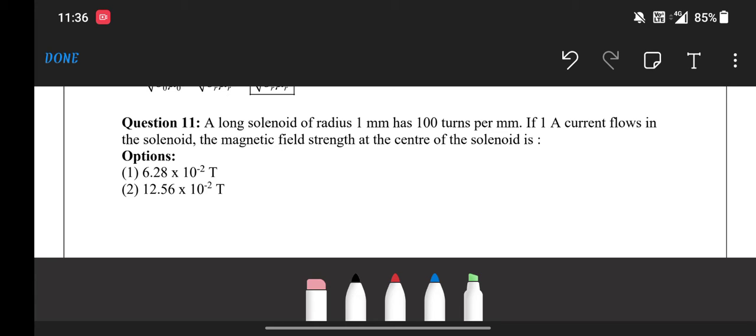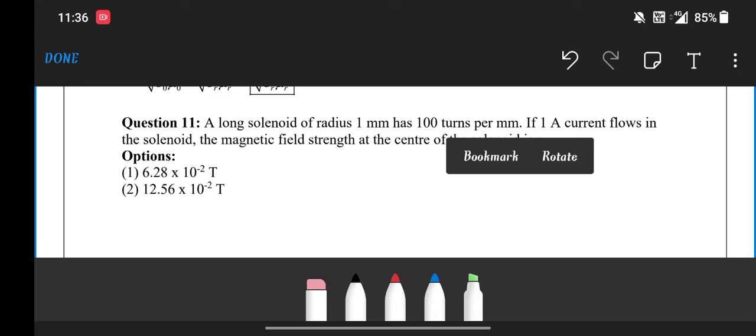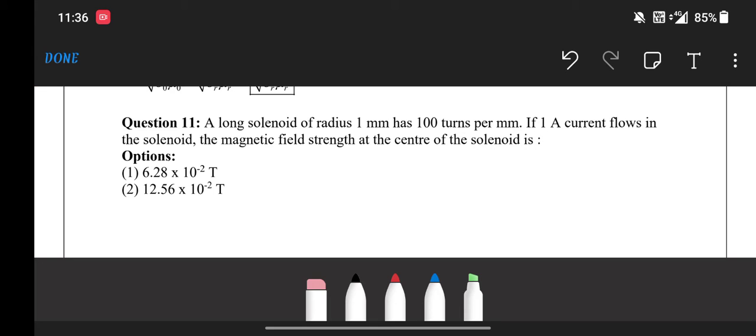So moving on to our next question, that is question number 11. Here they have asked that a long solenoid of radius 1 millimeter has 100 turns per millimeter. If 1 ampere current flows in the solenoid, what is the magnetic field strength at the center of the solenoid?